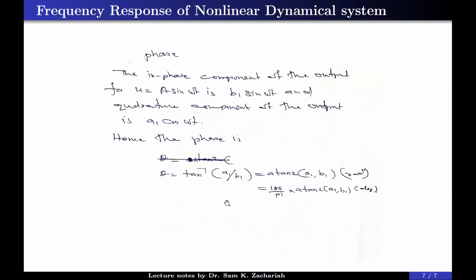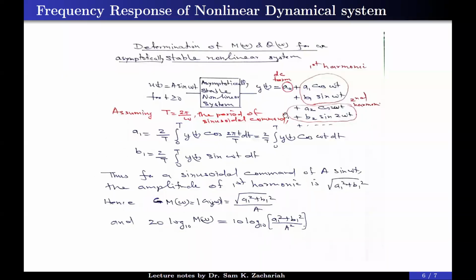And the phase component is obtained how? The in-phase component of the output, for input A sin omega t, is B1 sin omega t, and the quadrature component is A1 cos omega t. Coming to the previous slide, you can see that. You are subjecting the input A sin omega t; the in-phase component has the same frequency omega and the same sinusoid, sin omega t. So the in-phase component amplitude is B1 and the out-of-phase component amplitude is A1.